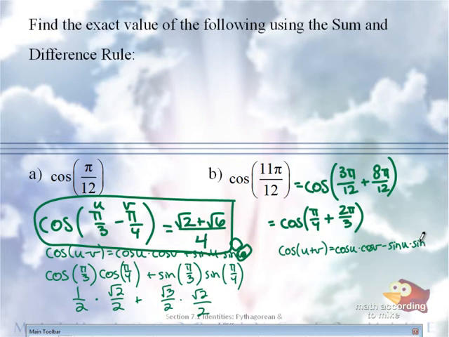Technically, you do not have to write this down each and every time. If you're a tactile, visual person, you should write it down every single time. Have it on the top of your page. You see it. So put in pi over 4 for all the u's, put in 2 pi over 3 for all the v's. You're going to have a great time.